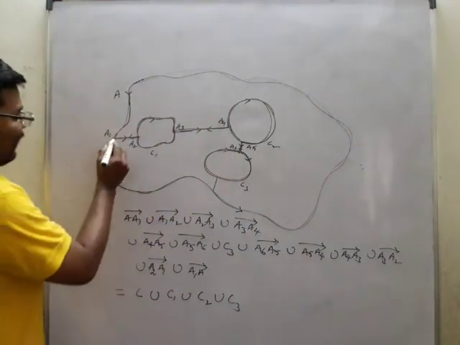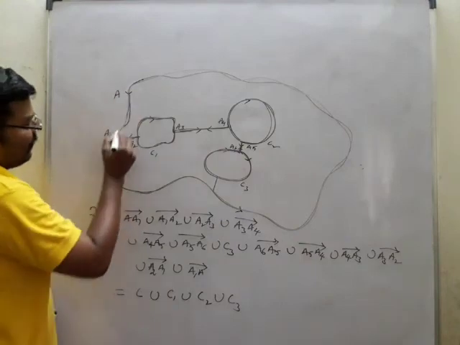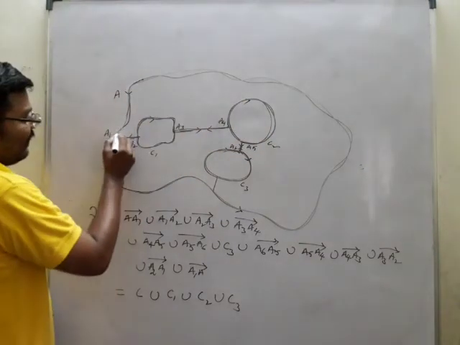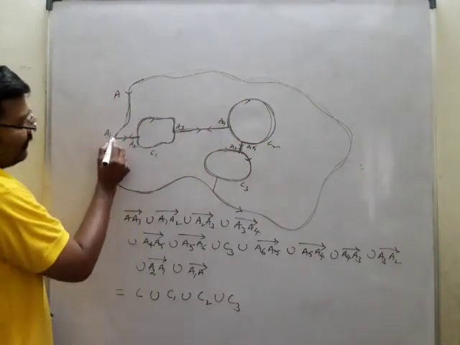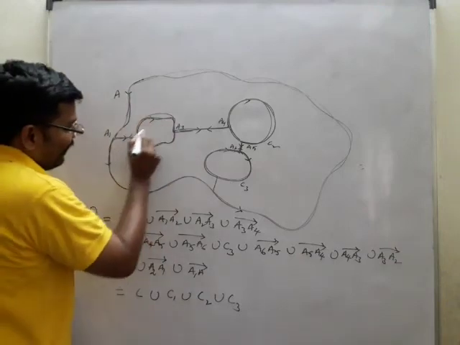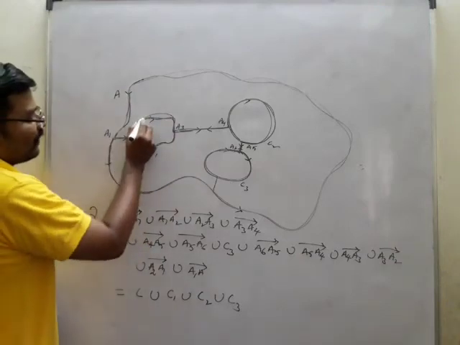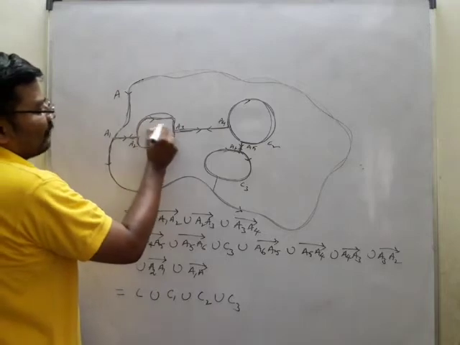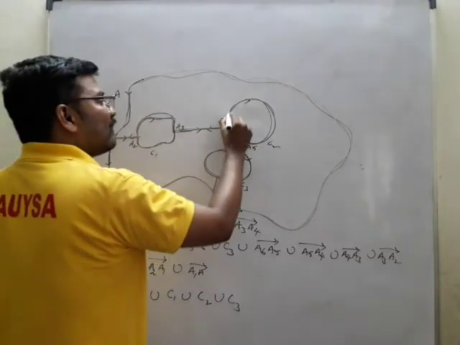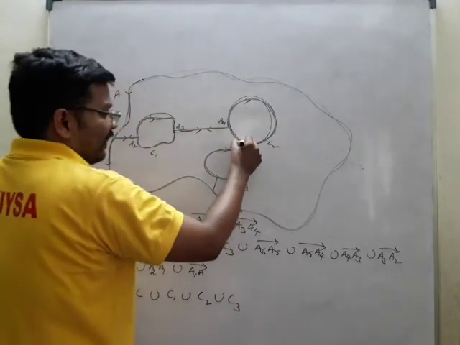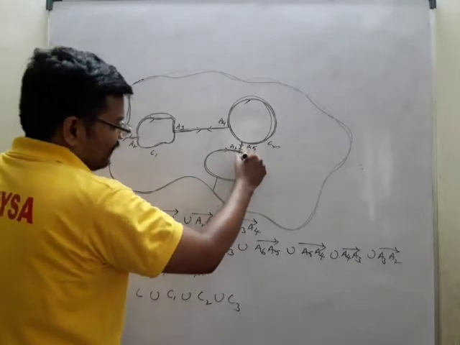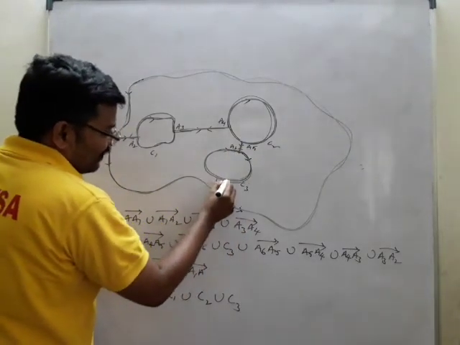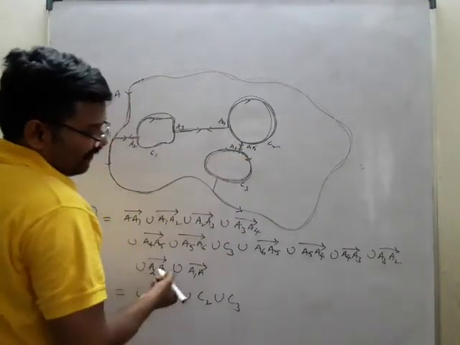Once again from A, A to A1, A1 to A2, A2 to A3, A3 to A4, A4 to A5, A5 to A6, A6 to C3, total C3. Okay, finished.